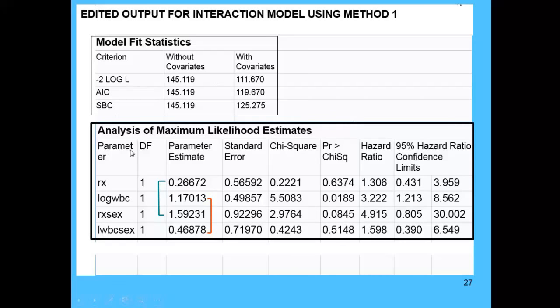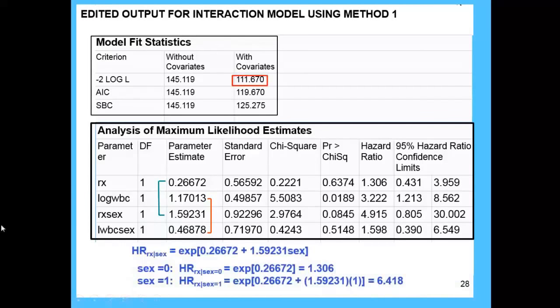Now I'm going to click the screen one more time, and notice at the bottom I've added a hazard ratio formula, for this model, for the effect of treatment adjusted for sex.